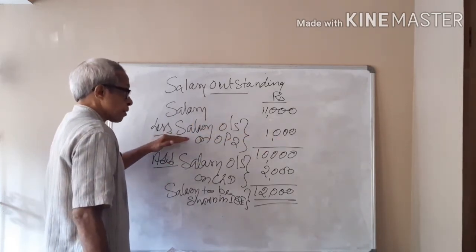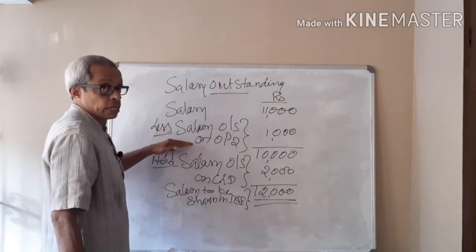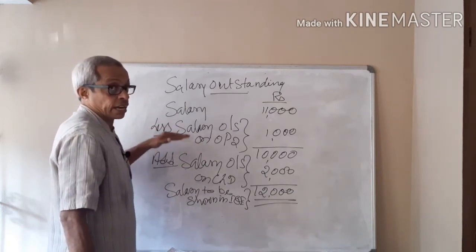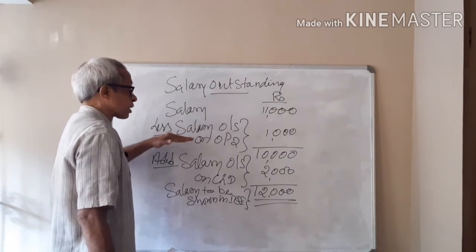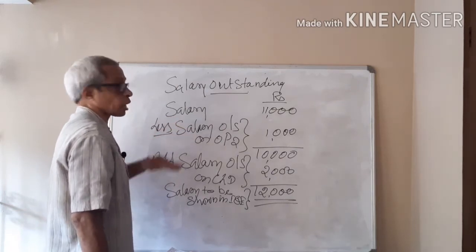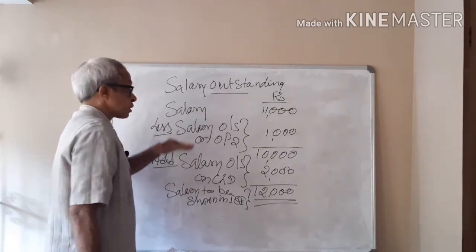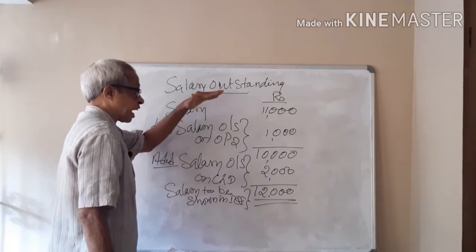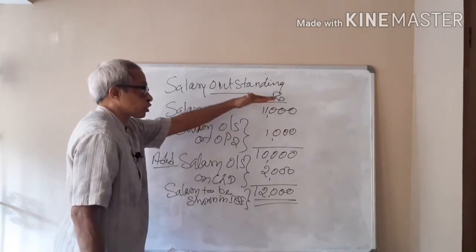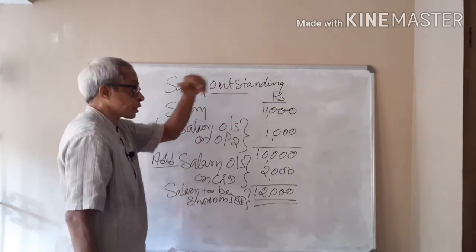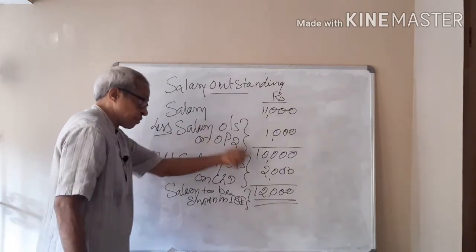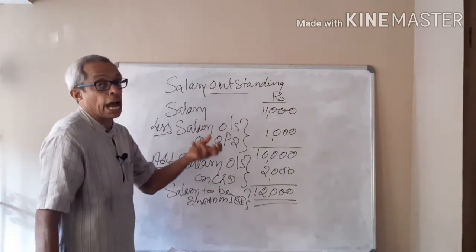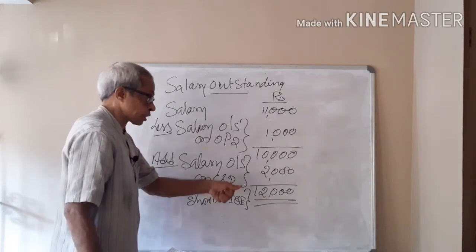That salary amount does not belong to the current year. Therefore, that amount is deducted from the total amount of salary paid during the year, and to that figure we add salary outstanding on closing date.